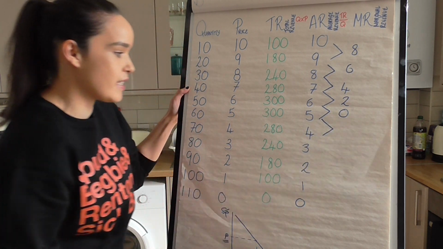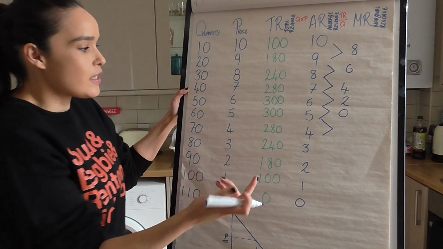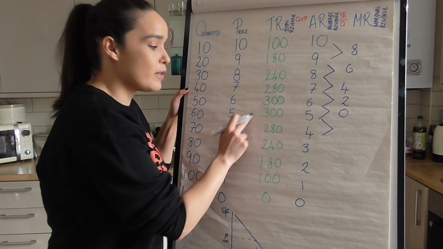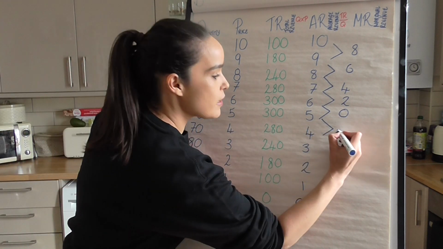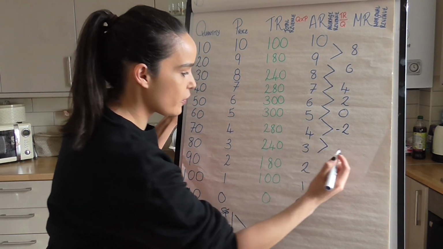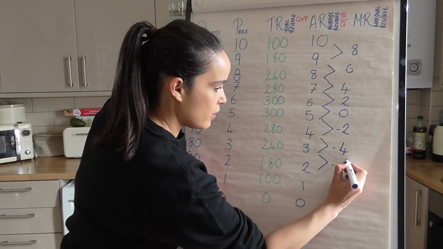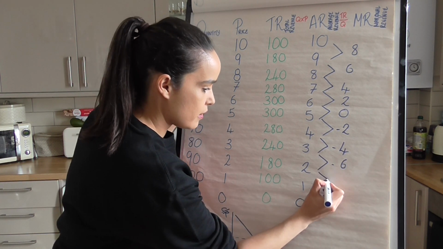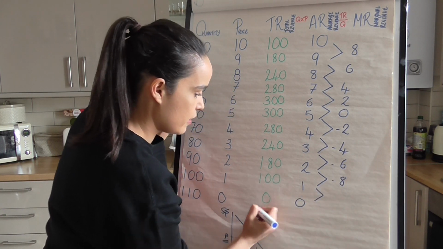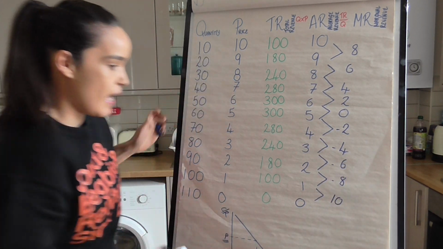Now here, obviously, 300 to 280 is actually minus 2 because that's 20, but your revenue has fallen by 20, then you divide that by 10, so we've got minus 2 there. Following on here, minus 4, minus 6, minus 8, and so on, minus 10 here.